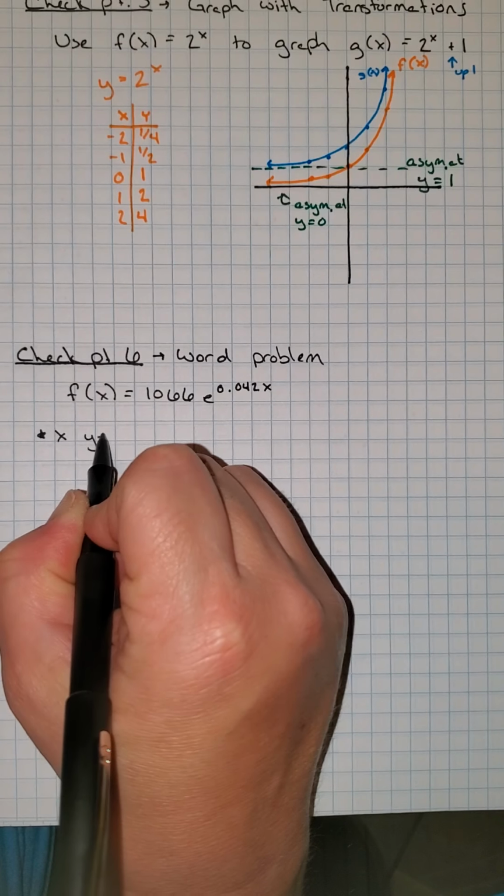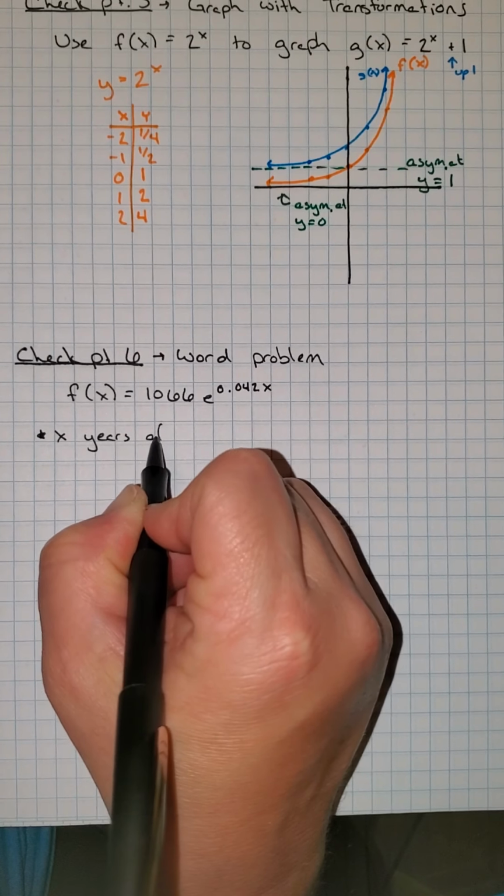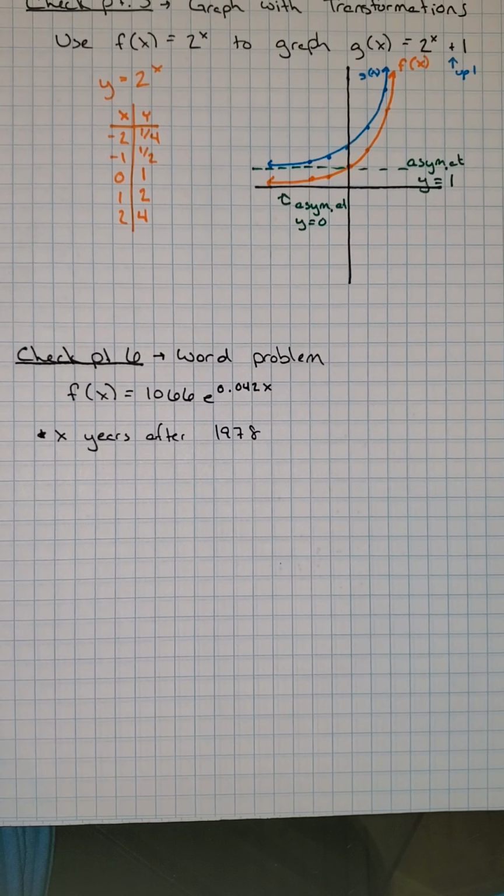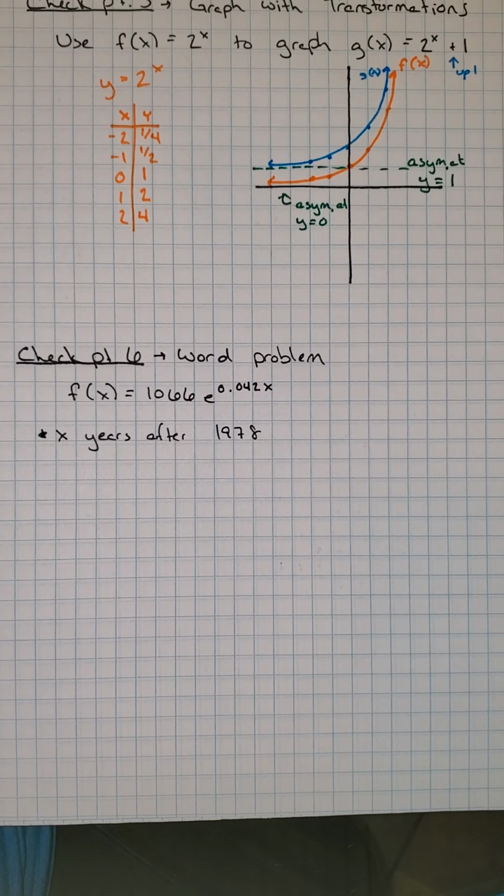So x years after 1978. If trends shown in the figure continue, project the gray wolf's population in the recovery area in 2012.